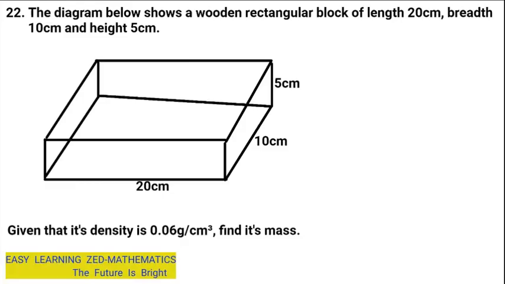Question 22 was as follows. The diagram below shows a wooden rectangular block of length 20 centimeter, breadth 10 centimeter, and height 5 centimeter. The block being described in the statement above is the one drawn here, so you can take time and look at the block.